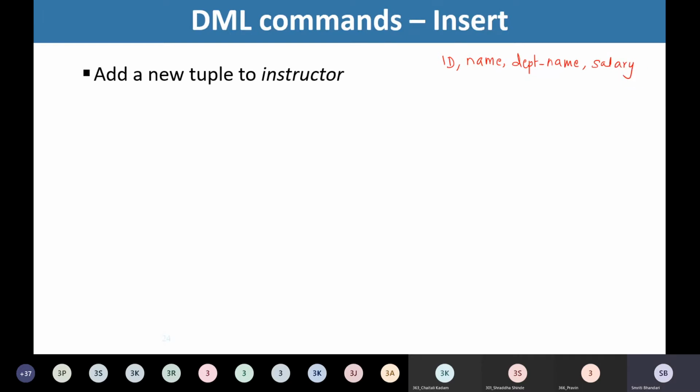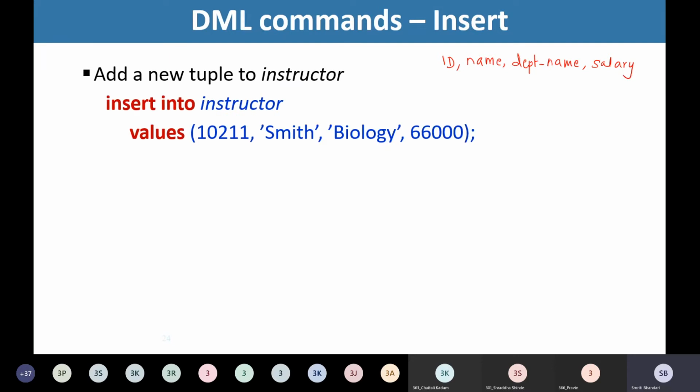instructor into the instructor table, I'll be using a statement like insert into, the name of the table where we would like to insert the values. So insert into instructor values, in parenthesis we need to provide the values for all the attributes in the sequence in which we have defined our table, right?